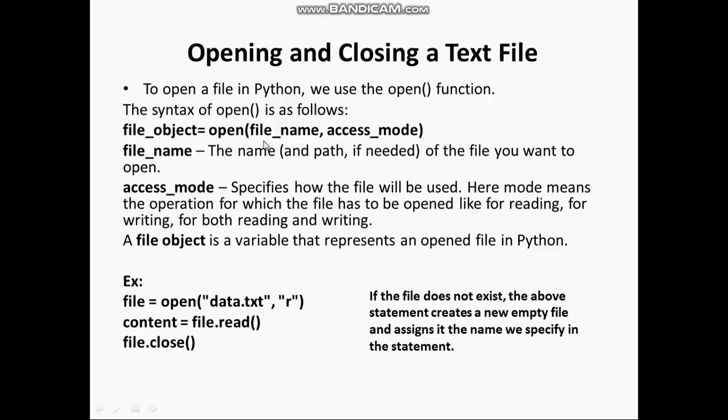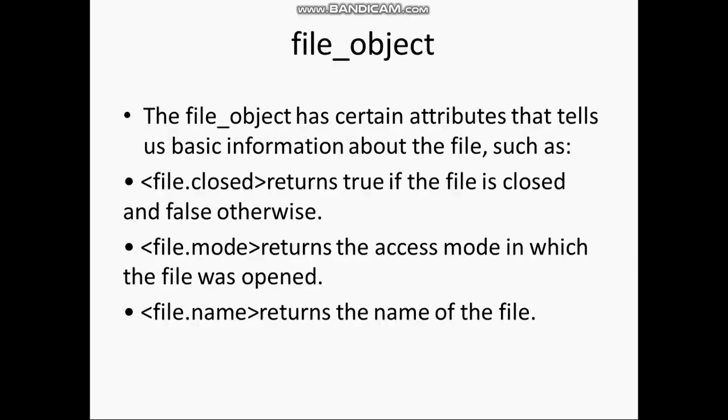Suppose the file name mentioned does not exist, then the above statement creates a new empty file and assigns it the name we specify in this statement. The file object tells us three kinds of information about the file.